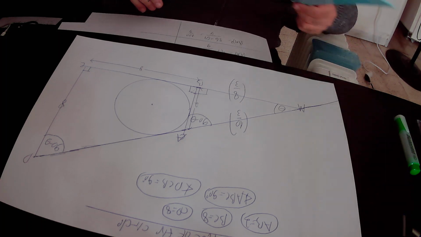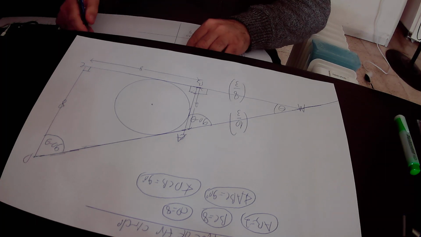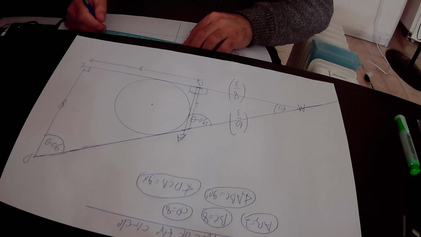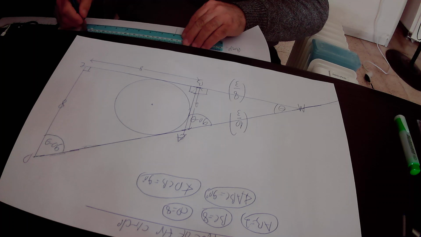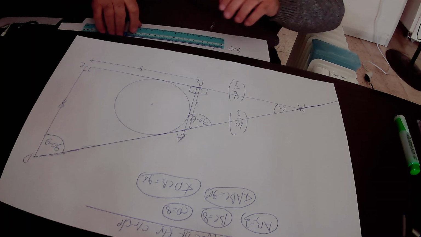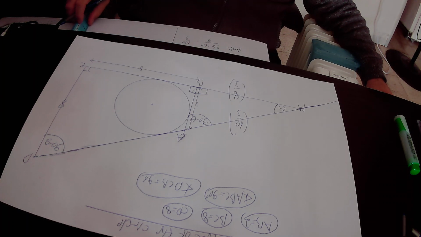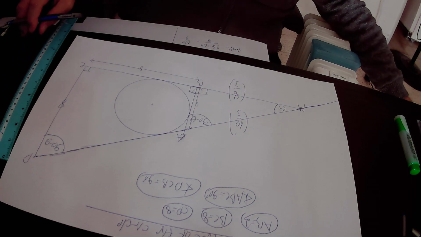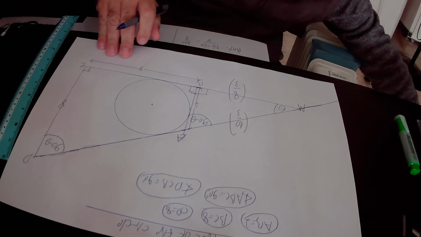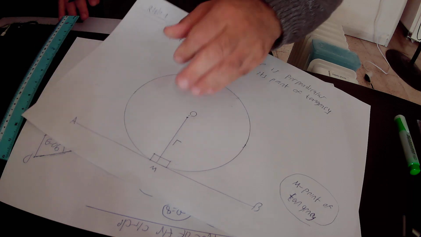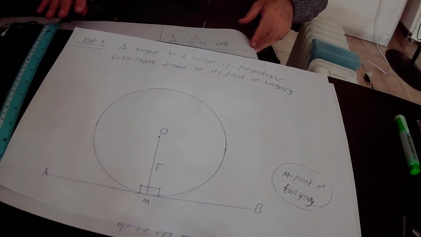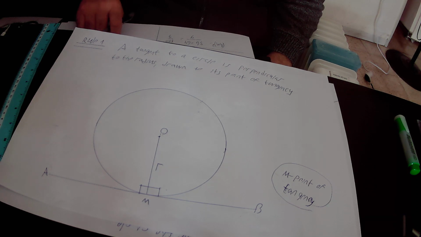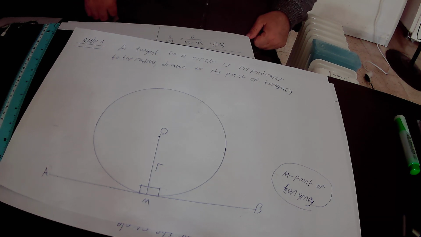In the next step, I will present to you rule number 1, and we will implement the rule in our drawing. According to rule number 1, a tangent to a circle is perpendicular to the radius drawn to its point of tangency.